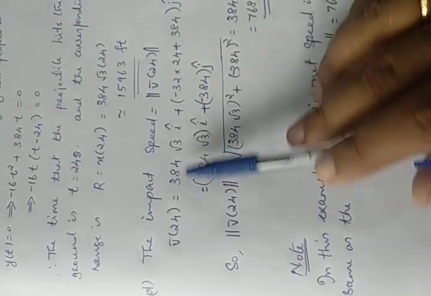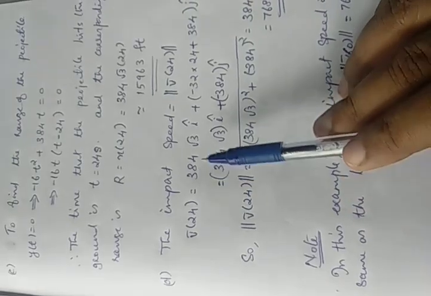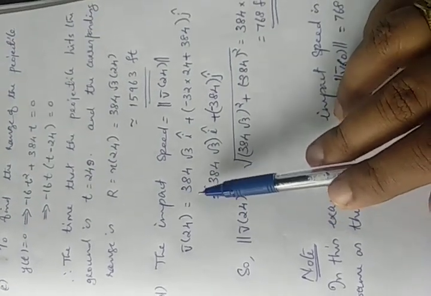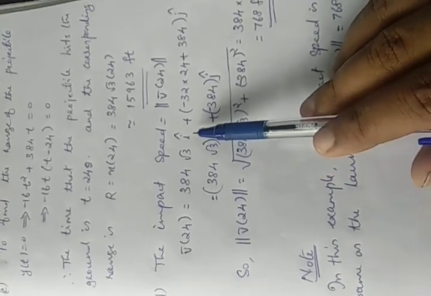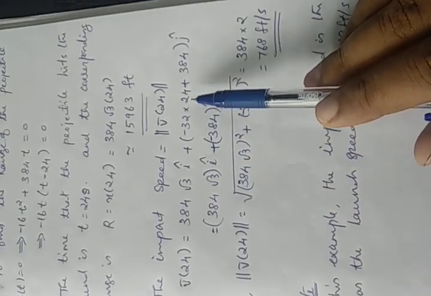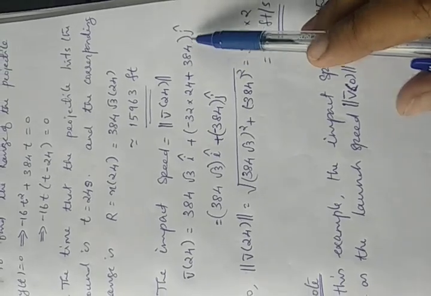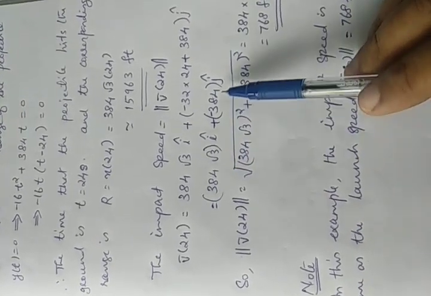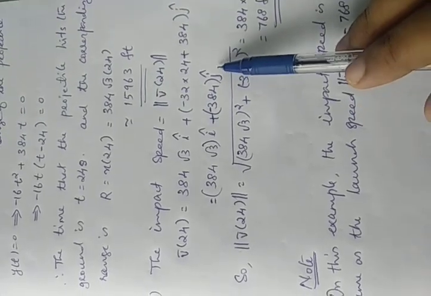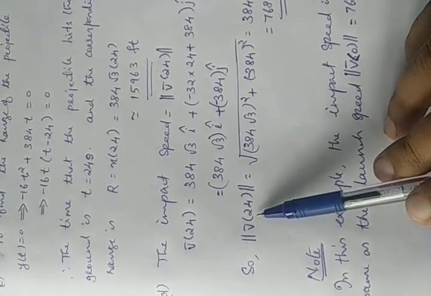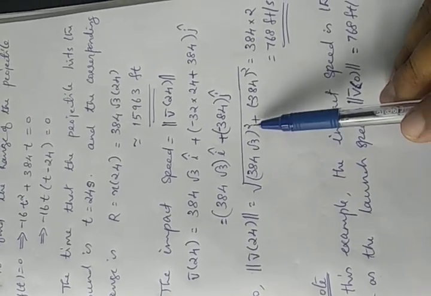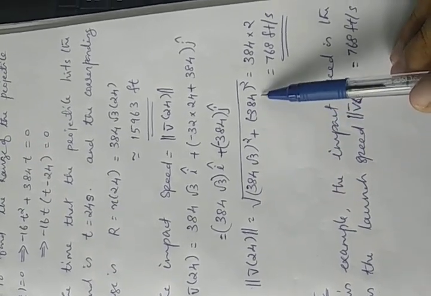Next, to find the impact speed, which is given by the norm of v of 24. So v of 24 is found by putting t equal to 24 in the expression for v of t. So we get 384 root 3 i plus (minus 32 into 24 plus 384) j. So it is equal to 384 root 3 i minus 384 j. So the norm of v of 24 is equal to the square root of (384 root 3) squared plus (minus 384) squared.